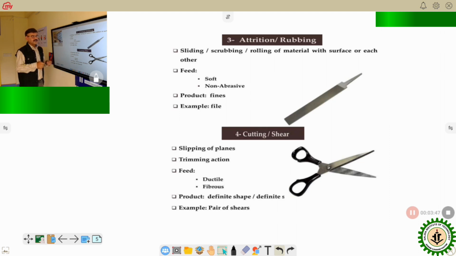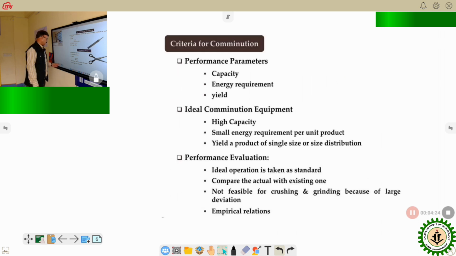In that case, the material to be reduced in size is generally soft or non-abrasive, and we expect a fine product. A file is the device, which is very common to everybody. Cutting and shearing are mainly applicable to soft material, which is cut into small pieces. A scissor is one of the devices.